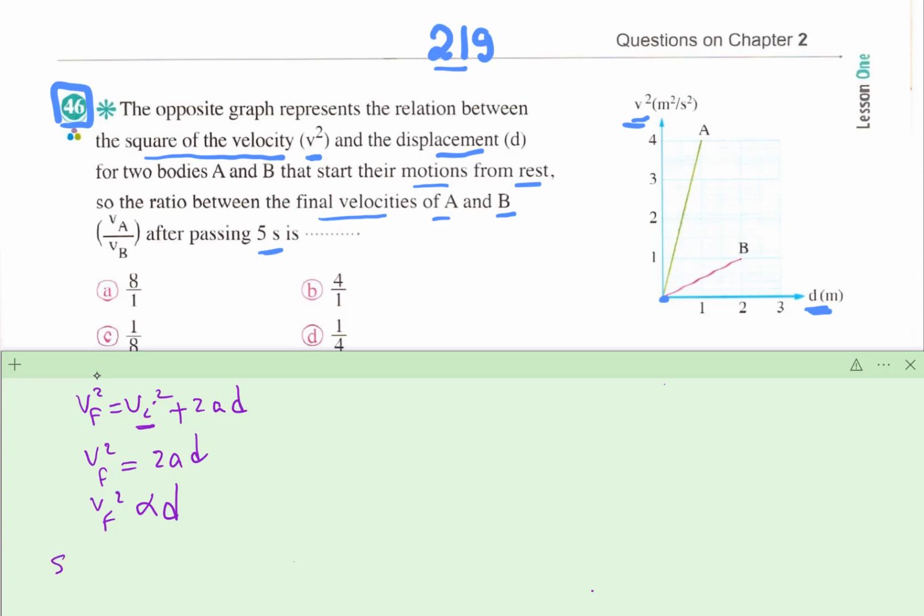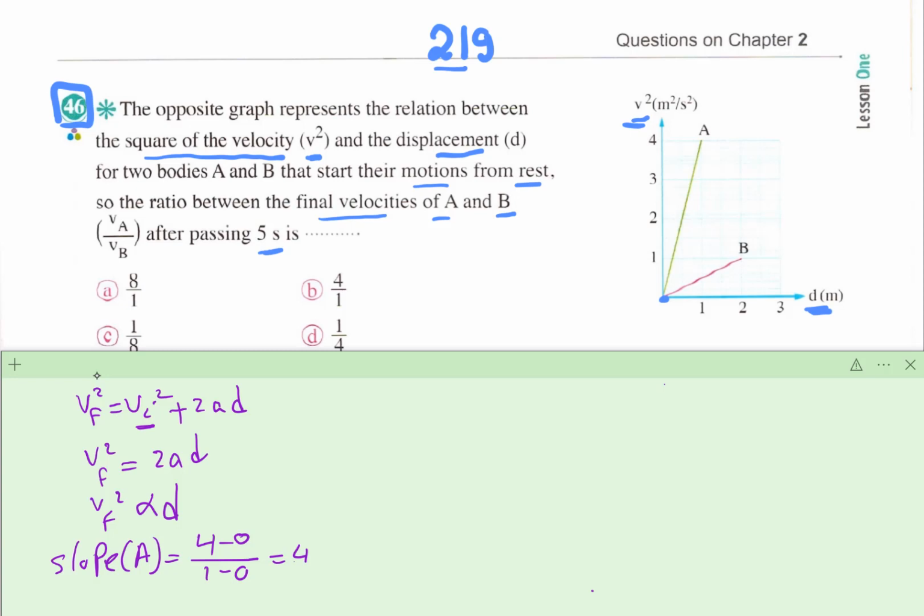Let's get the slope for object A, equals 4 minus 0 over 1 minus 0. So the slope is 4.